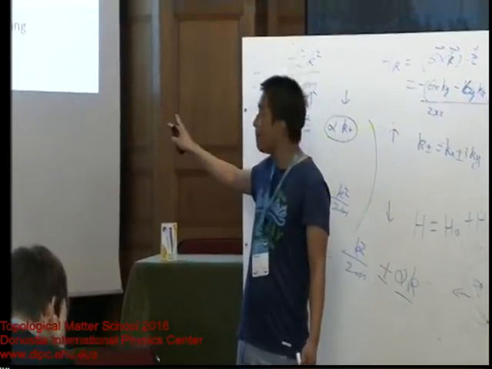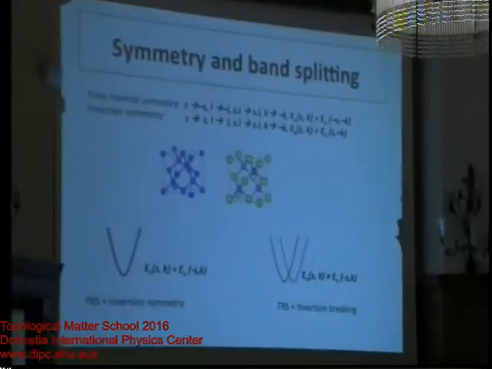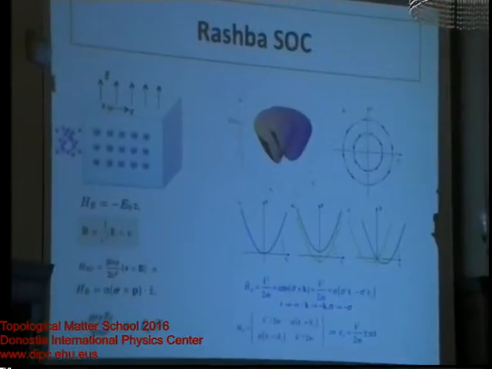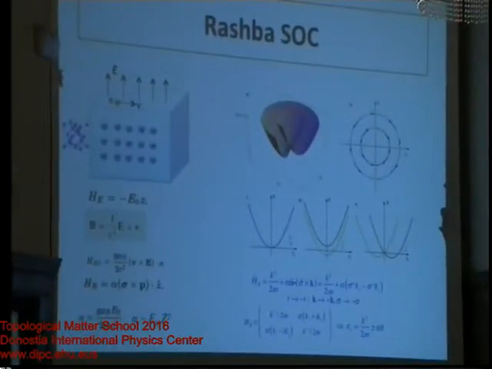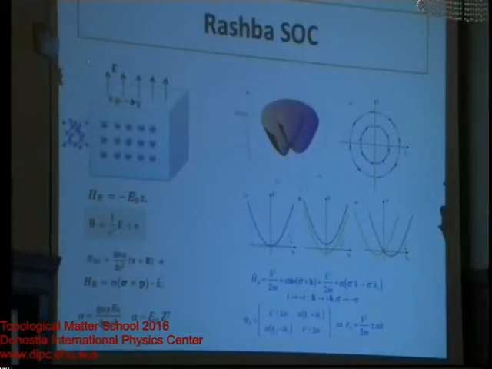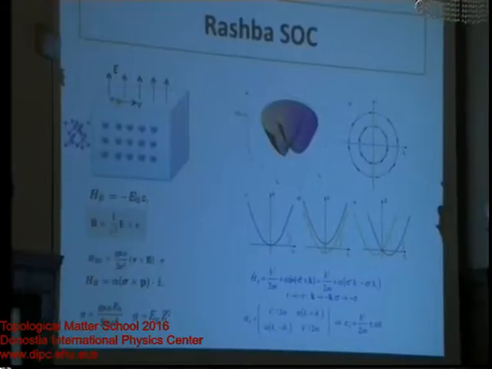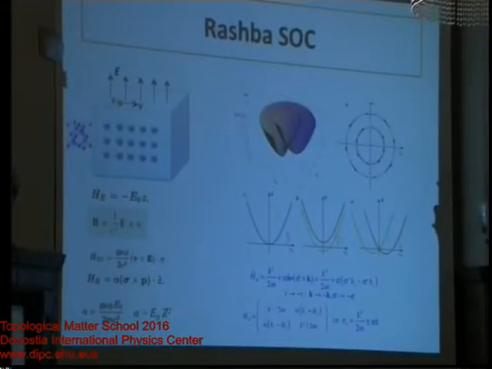Like in a system where you don't have inversion symmetry, because here on the surface, you don't have inversion. The surface naturally breaks the inversion. In a lattice, suppose originally you have inversion, but here you don't have it anymore in the z and minus z direction.